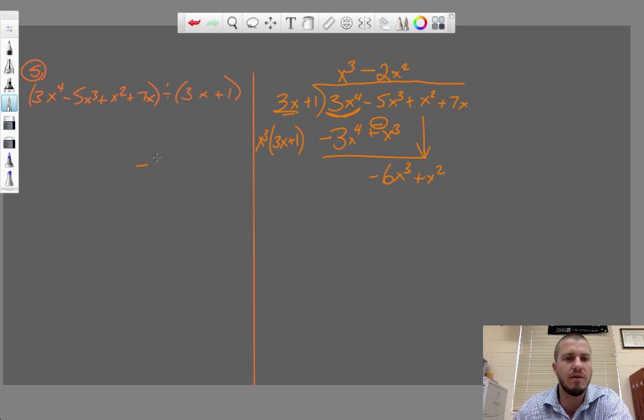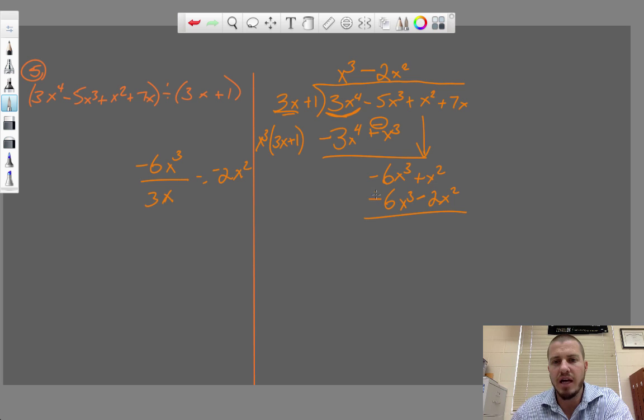Again, if you want to do the division part, you can set it up like this and simplify it. This becomes -2, subtract them, x squared. That's what's going to go up here. Then when I multiply it back through, -2 times positive 3x is -6x cubed. -2x squared times 1 becomes -2x squared.